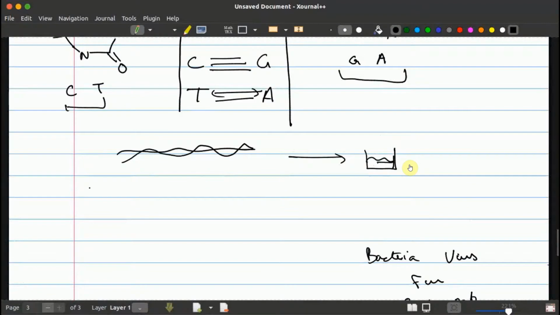Whenever you need it, you get it back. So from binary, you make DNA, you store it, then you get back whatever DNA you had stored, and then you bring back binary.